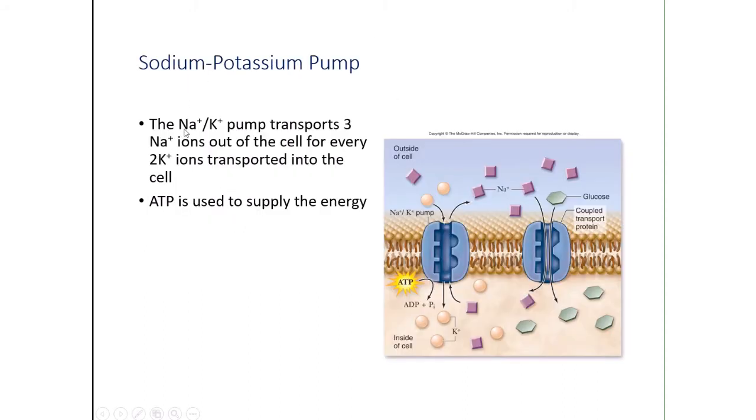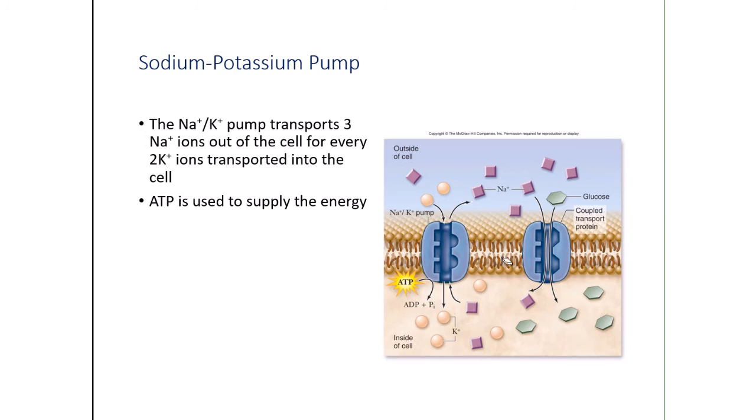So the sodium-potassium pump is shown here. It has 3 binding slots for sodium and 2 binding spots for potassium. In each cycle that the pump works, it brings in 2 potassium in exchange for 3 sodium out of the cell. Don't worry too much about this glucose thing over here.